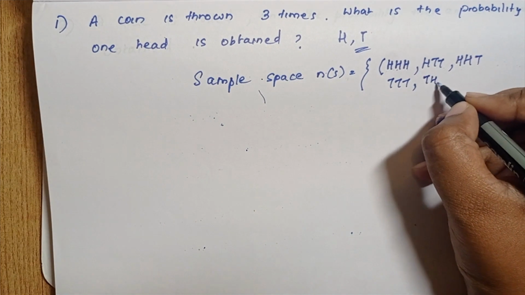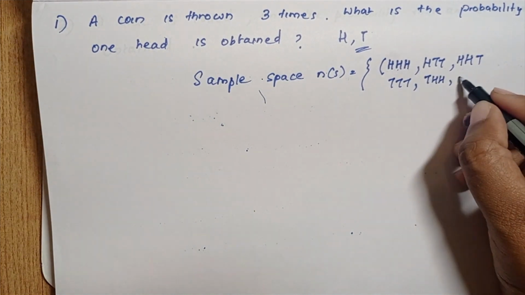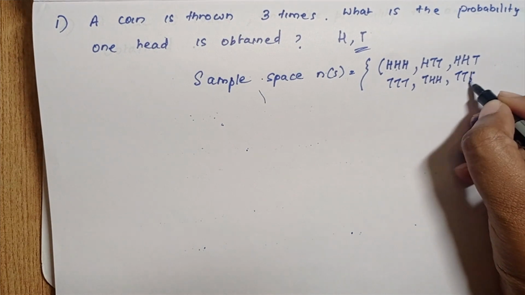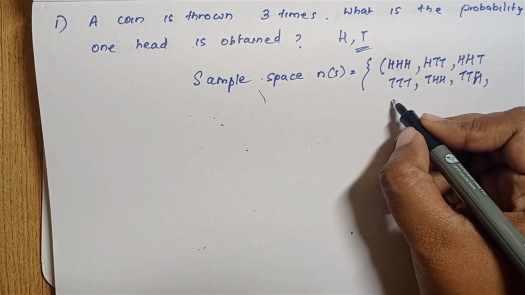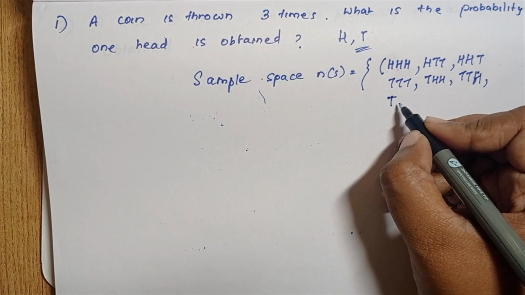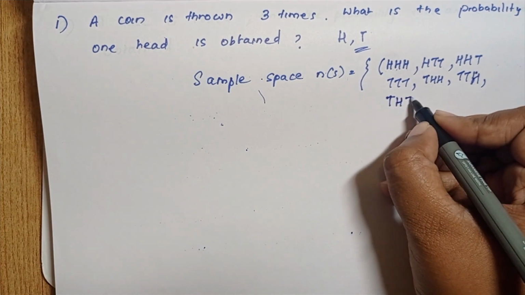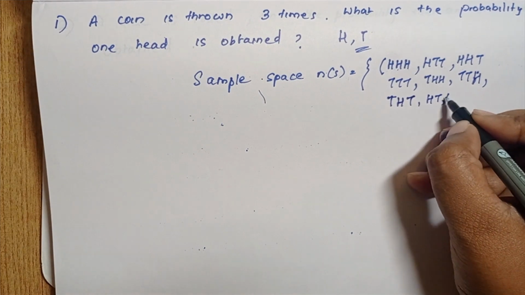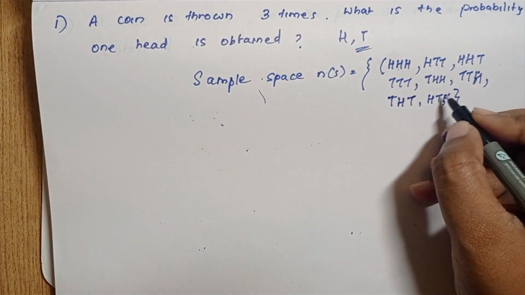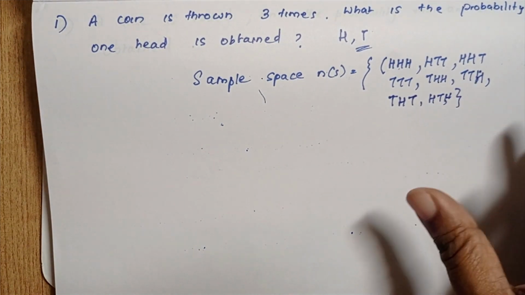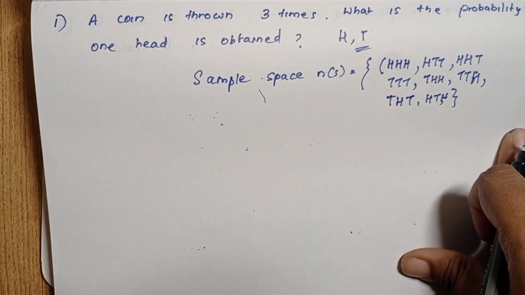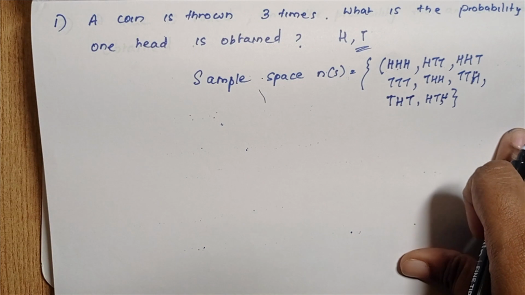Similarly, tail, tail, head, then two tails and one head. Then we could get tail, head, head, and head, tail, head. So these are the various possible outcomes that we'll get when we are tossing a coin 3 times.